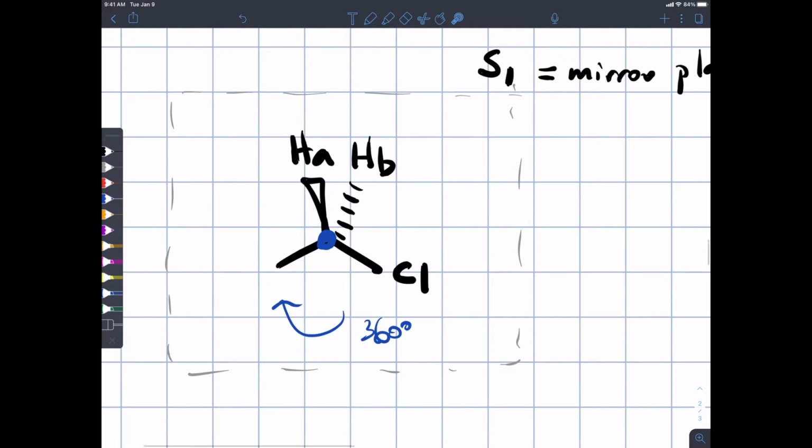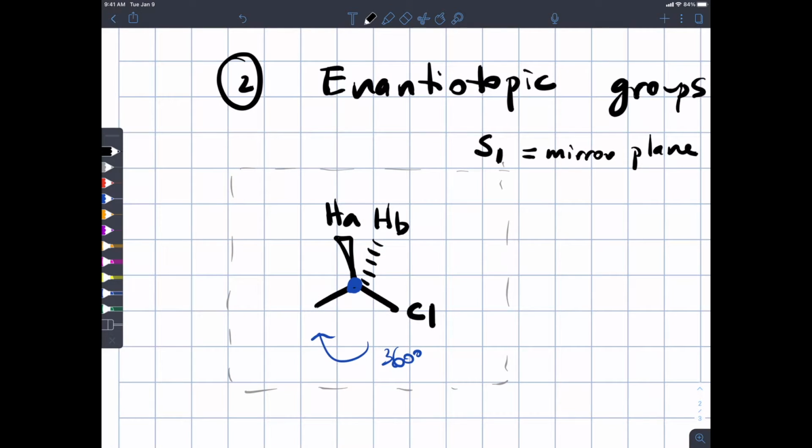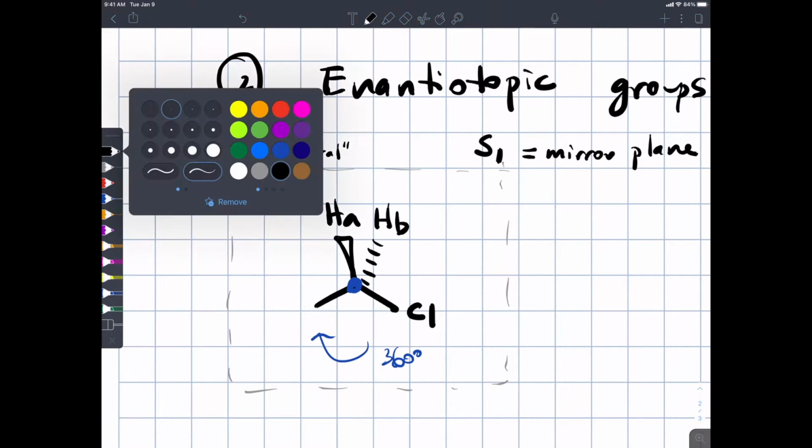Sometimes we will call these protons that are enantiotopic, sometimes we will call them prochiral, meaning sort of before chirality. The molecule isn't chiral, but if we replaced a proton with something else, it might be.